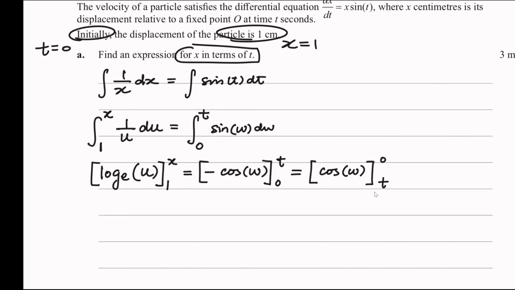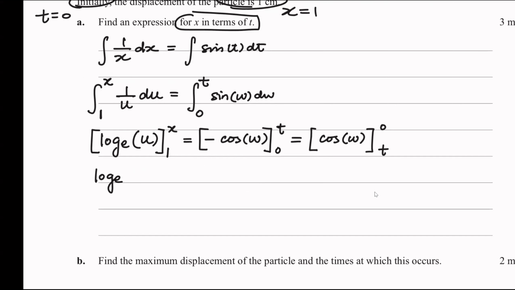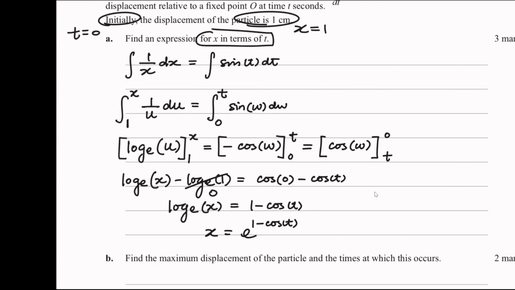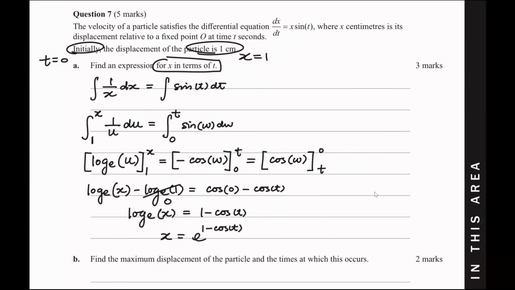So the left-hand side will give you log e of x, subtracting log e 1. And the right-hand side will be cosine 0 minus cosine of t. So this will be a 0. Therefore, your log e of x equals 1 take away cosine t. And x is just e raised to the power of 1 minus cosine t. Okay? So the problem is solved.